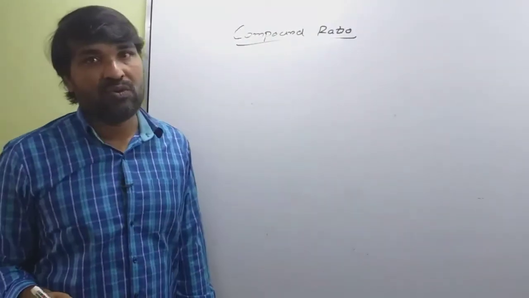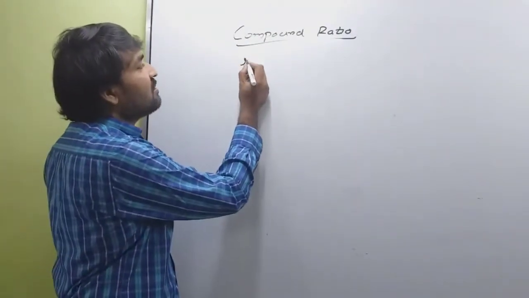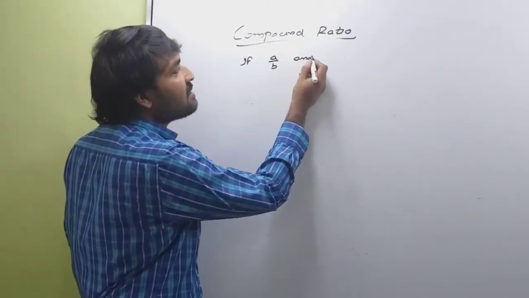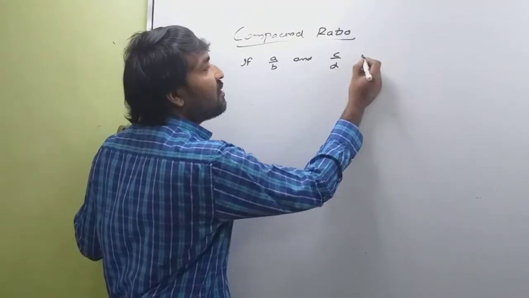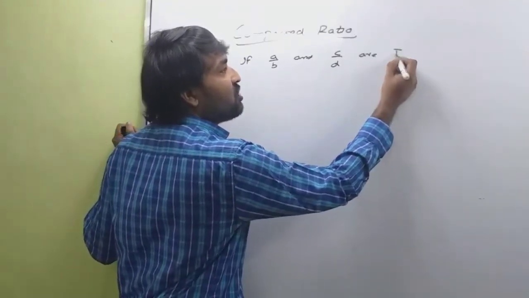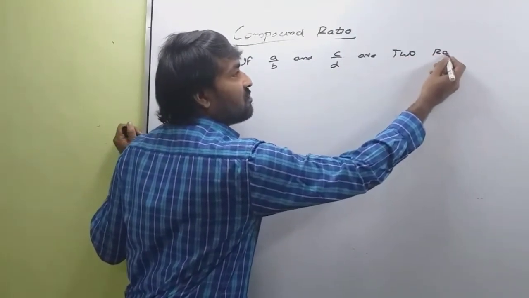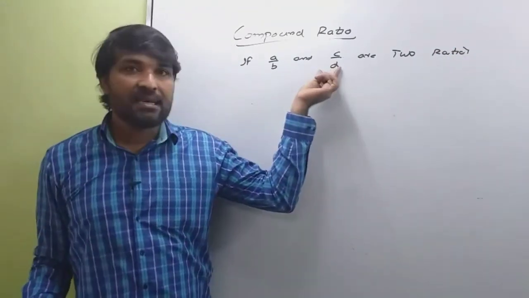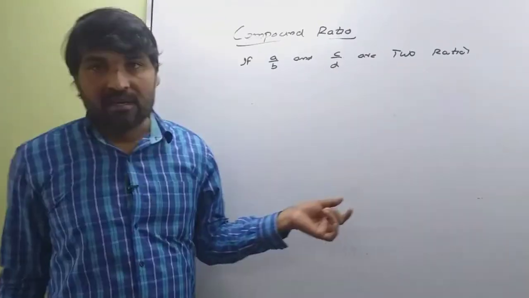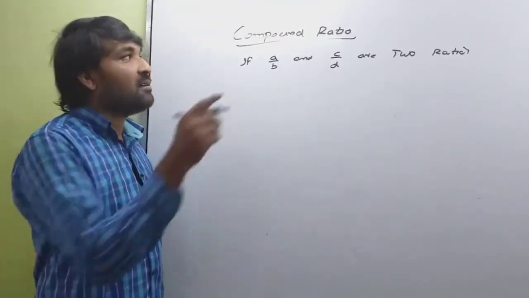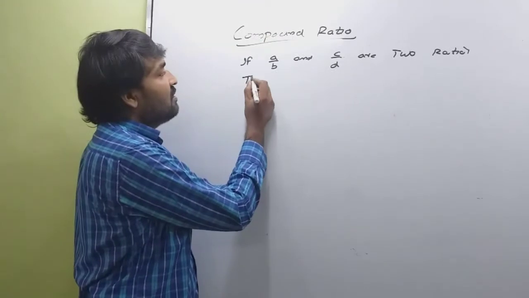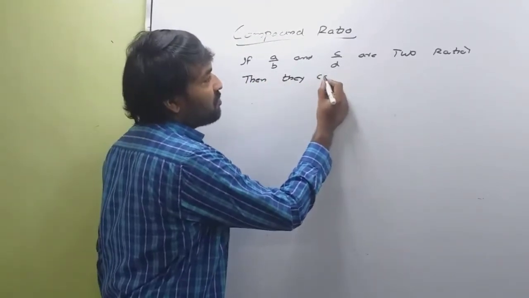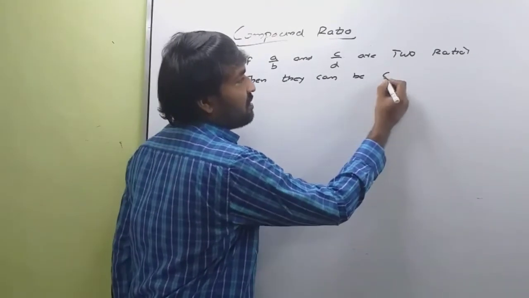Compound ratio. If A by B and C by D are two ratios, then they can be compounded.